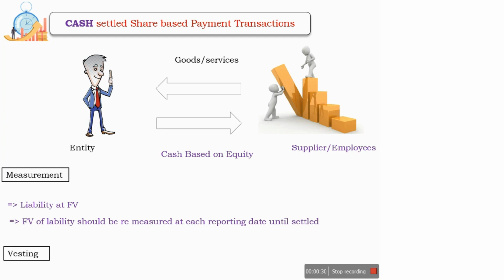Further, we need to check whether it has a vesting period. If it does not have a vesting period, we need to recognize the full cost, and if it has a vesting period, then cost will be recognized over the vesting period. Any change in the value of the liability will be recognized in the profit and loss account. And where an entity cancels or settles a cash settled award, it should derecognize the liability.